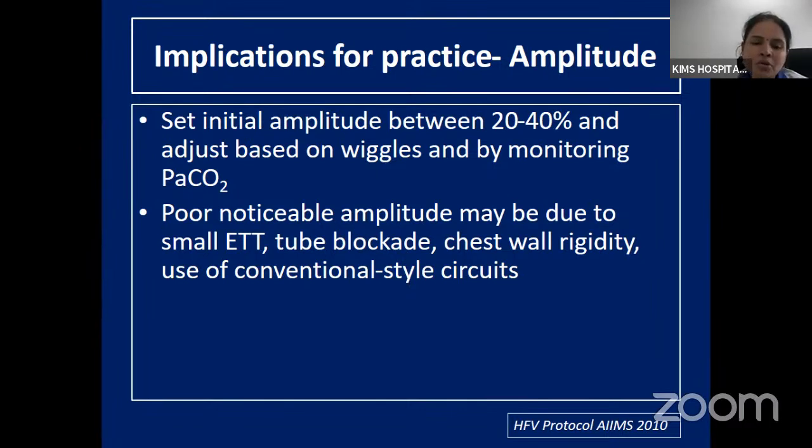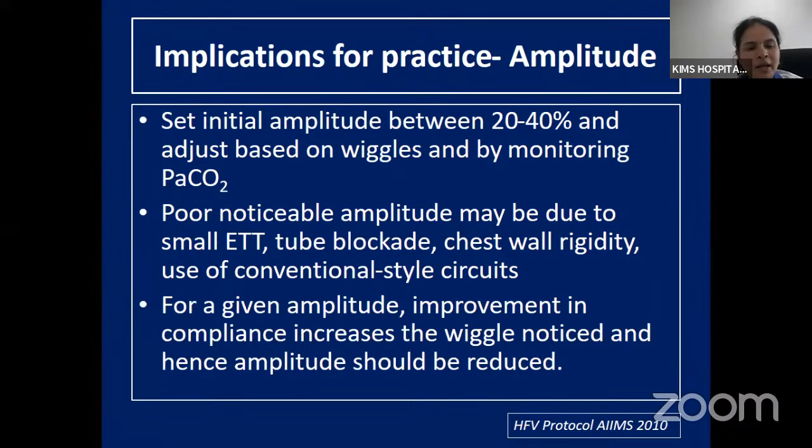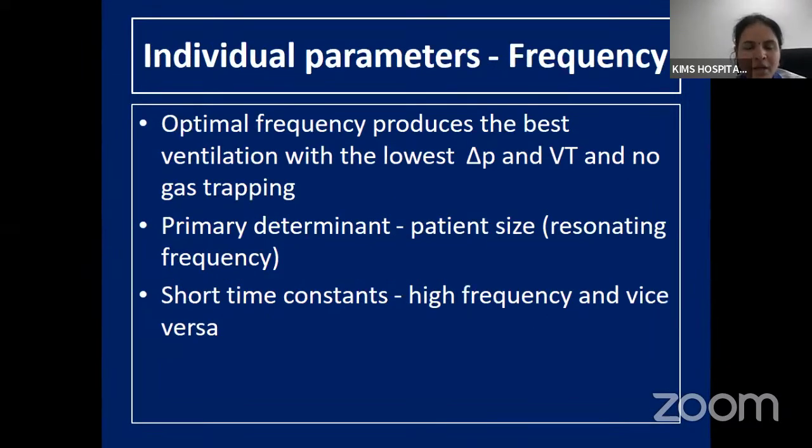The wiggles may also be poorly noticeable if there is tube block, chest wall rigidity, like in high drops, and with the use of conventional style circuits with a lot of circuit-related dead space losses. For any given amplitude, as the compliance improves in the baby's lung condition or respiratory mechanics, as it gets better and better, we will notice an increase in the wiggle, and hence amplitude should be progressively reduced. Otherwise, we'll end up in significant CO2 washout.